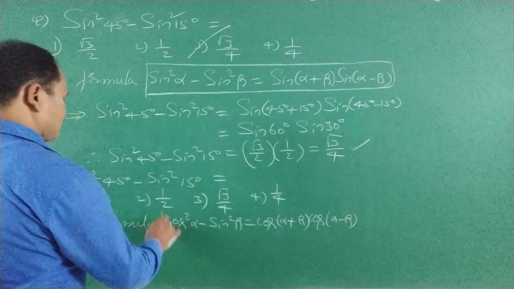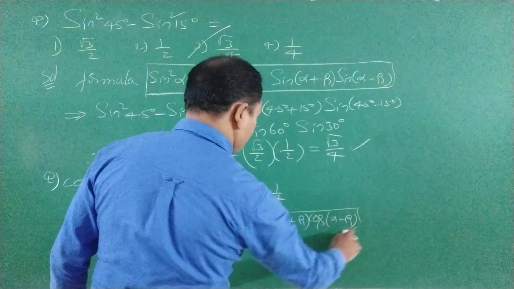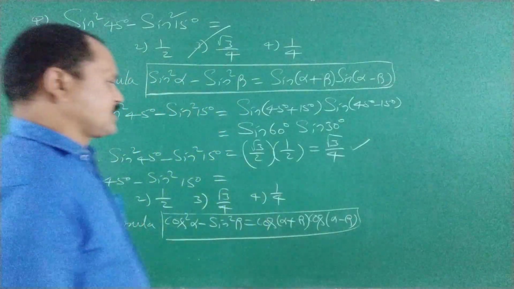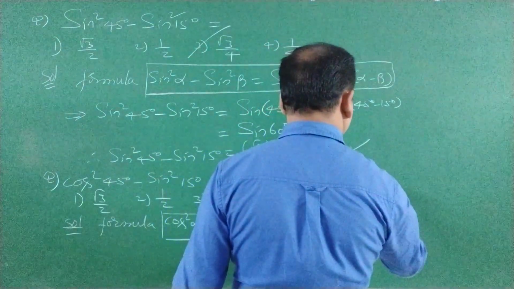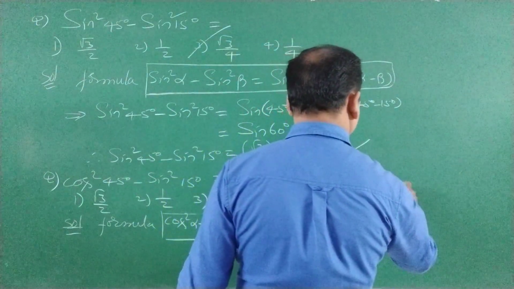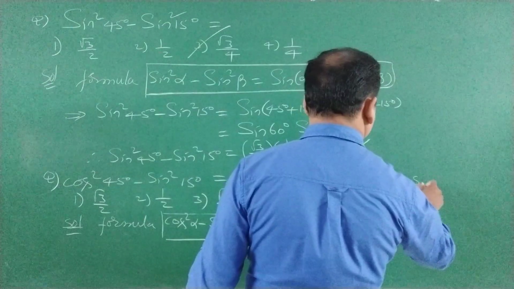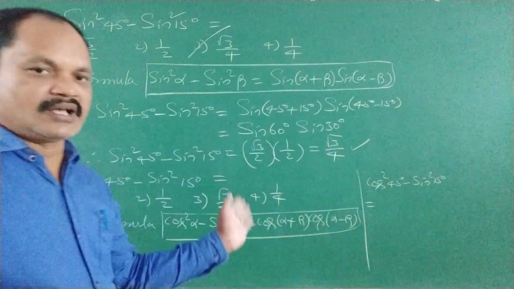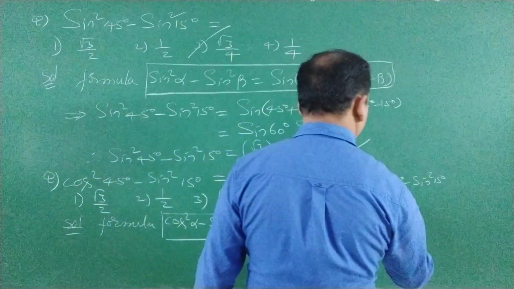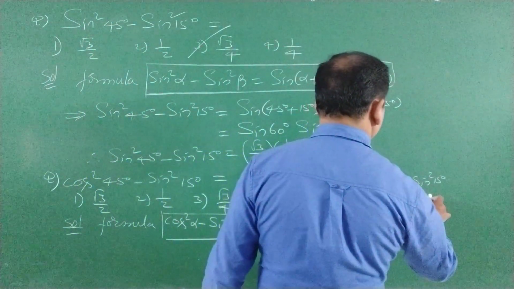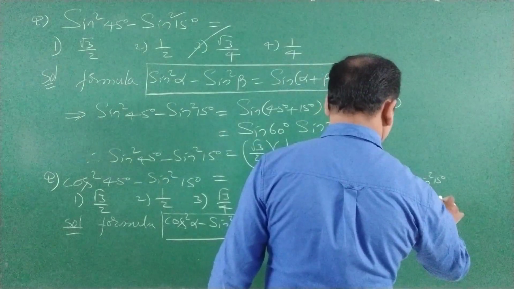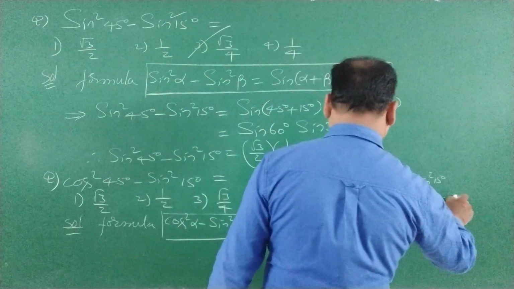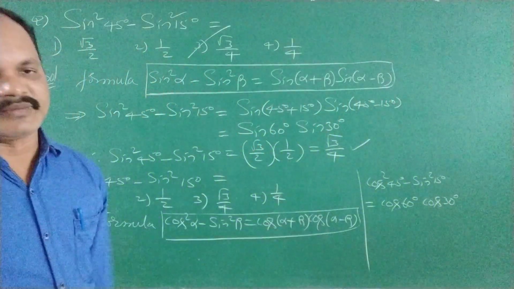Now, some of the cosine expansions. According to this formula we have to write cos square 45 degrees minus sine square 15 degrees is equal to cos A plus B, that is cos 60, into cos A minus B, cos 30.